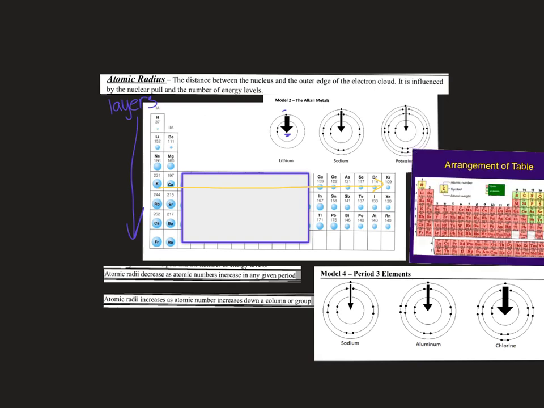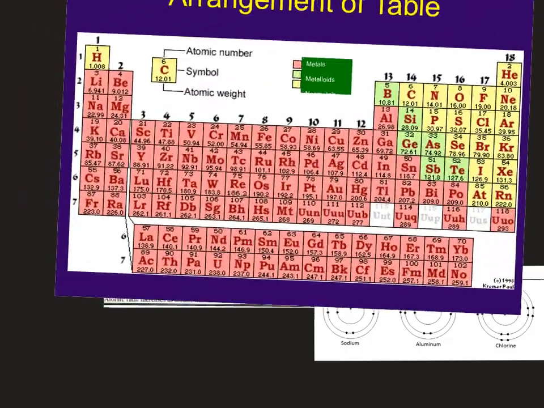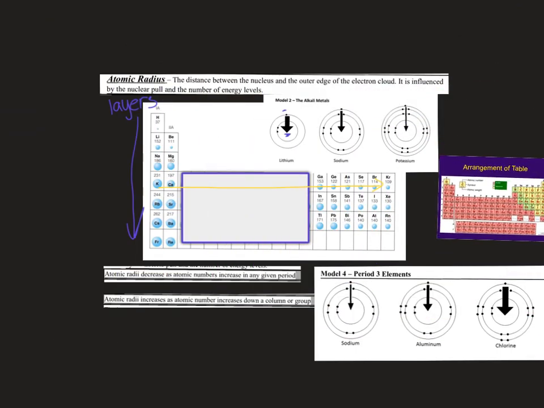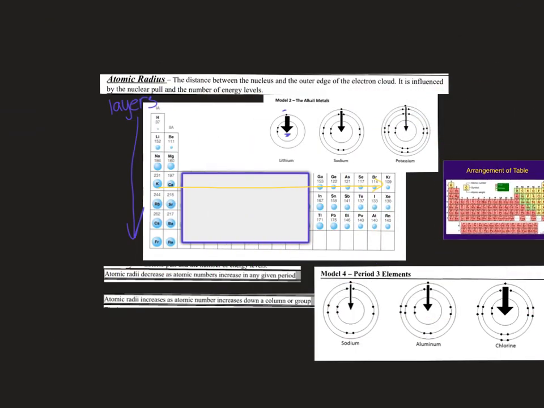So as we see on our periodic table, the atomic number is what is getting bigger as we move across, right? So the example that we're looking at right there is sodium, and we go to aluminum, and we go to chlorine. We have an 11 versus a 13 versus a 17. So remember that the atomic number is representing your protons.